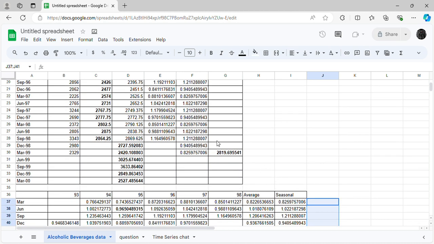And the deseasonalized value will be the observed value divided by the seasonal value. Equal observed value divided by seasonal value.